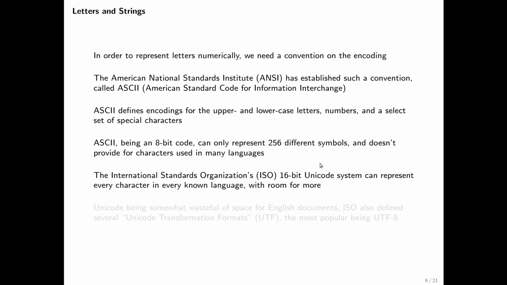So here the range of values that can be represented using the Unicode system is, again, going back to the idea that we discussed before, 0 through 2 to the 16 minus 1. And that's a pretty big range of values, right?